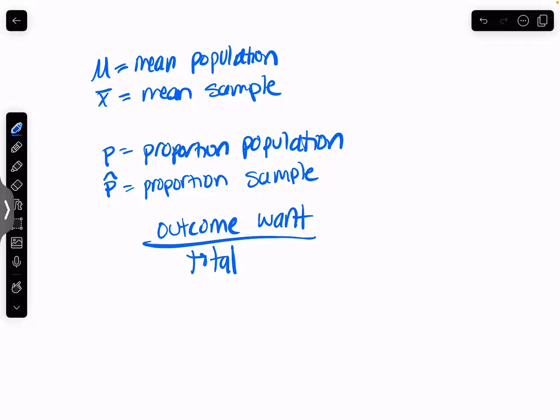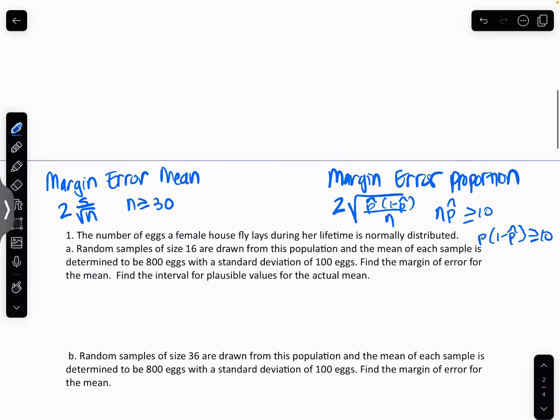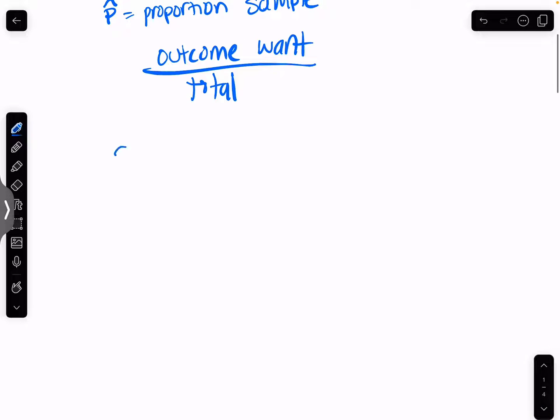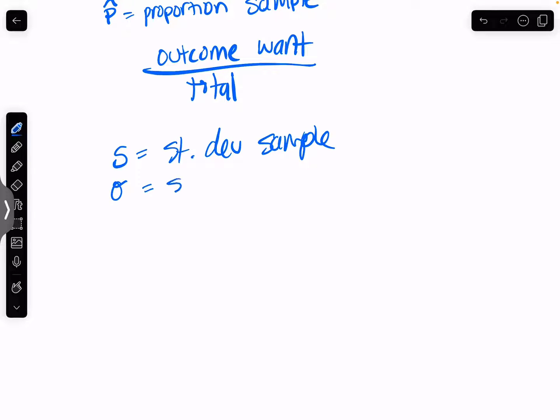We looked the other day at the average temperature for humans, and we went through that activity, and we saw that the margin of error for the mean is 2 times S over the square root of N, where S is the standard deviation for the sample. We also need to remember that sigma is the standard deviation for the population.